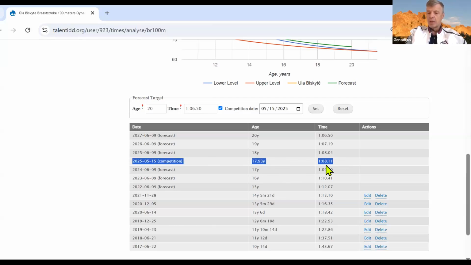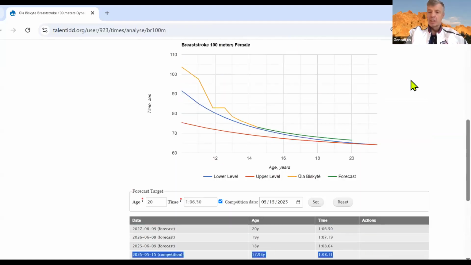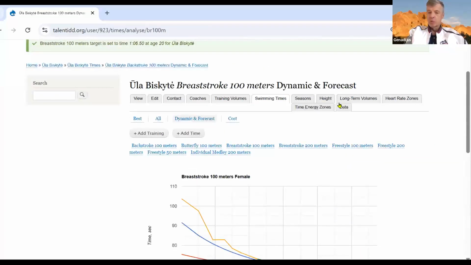So that's how you can also have goals for your swimmers, and also know what kind of performances they need to swim at every competition, because you can enter any competition date, and the software will tell you what the results should be at that date as well.